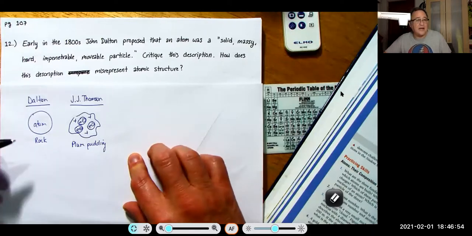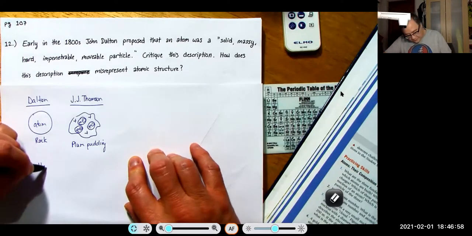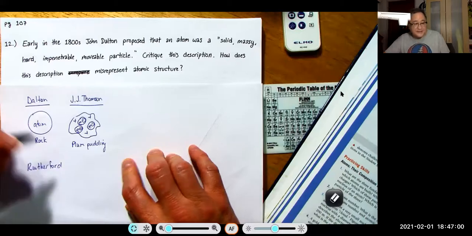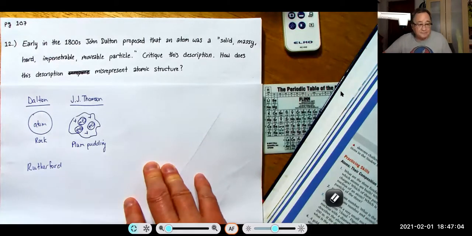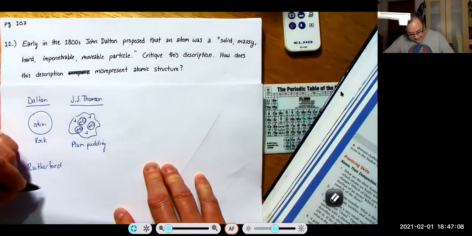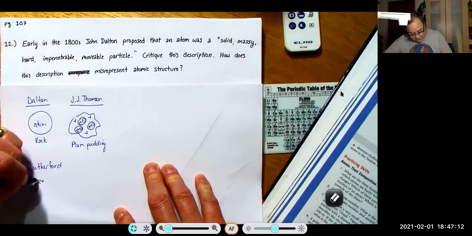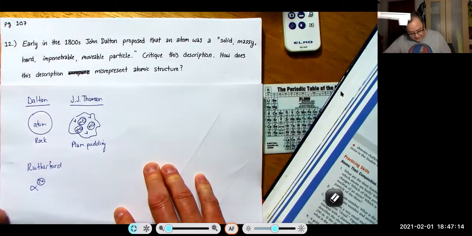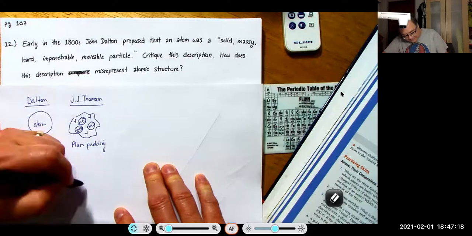So a guy named Rutherford came along, and he decided he was going to test these models of the atom. He had these things called alpha particles, which had a +2 charge, and he shot these at the atom.